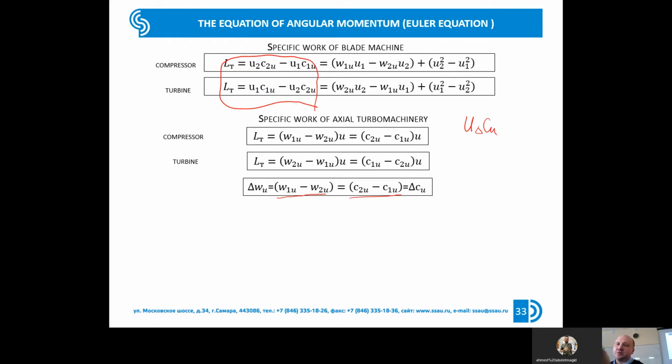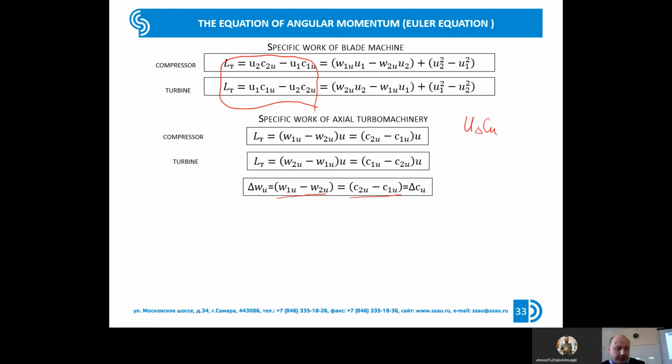And the people who deal with turbomachinery usually understand what you mean. So, we receive the equation of angular momentum, in other words the Euler equation for the turbomachinery, at this moment. And I think it's the most important equation for the turbomachinery. Be careful here.